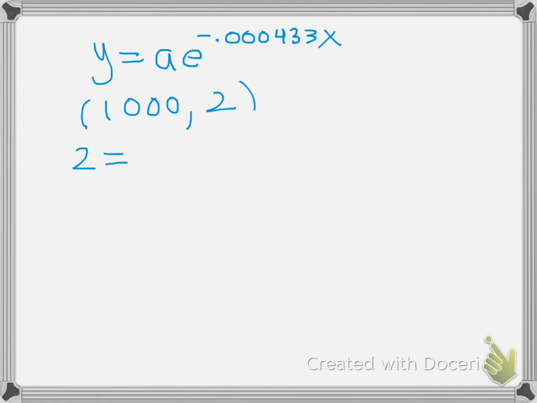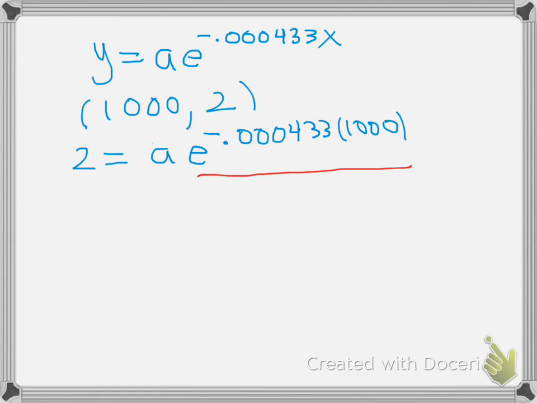So that's 2 equals A times e to the negative 0.000433 times 1,000. Let me highlight this in a different color. It looks crazy, but it's just a number.